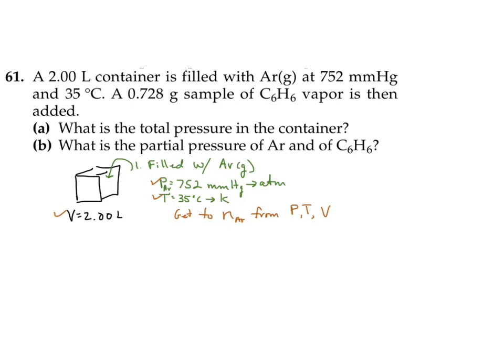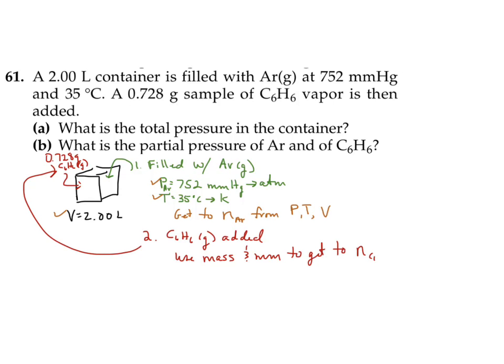This is only one way to skin this cat. There's many ways, from the pressure, temperature, and volume. And then recognize they give the mass of the benzene, 0.278 grams of benzene. Of course, you'll have to use the molar mass to get to the moles of benzene. Then you can add those 2 together to get to the total number of moles.